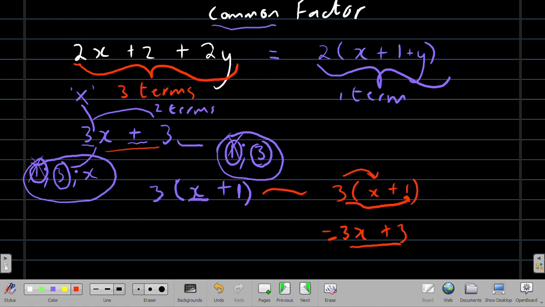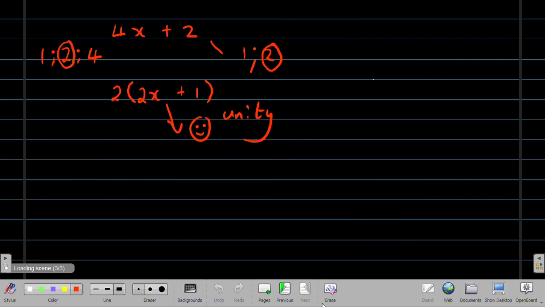The common ones would be the wet stuff, so you put the wet stuff in one bag and the dry stuff in another bag. So that's finding the common factor, basically. And yeah, that's the idea. So we'll look at another example.